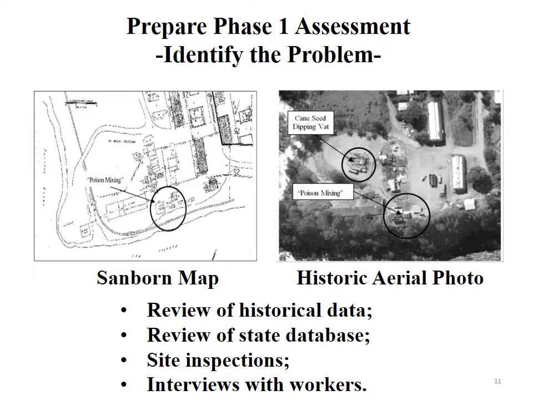The other big factor has been interviews with workers. It's invaluable to get workers if they're still available. Now, some of these former sugarcane facilities, they left the islands many years ago, and workers that were familiar with the sites are quite aged now.